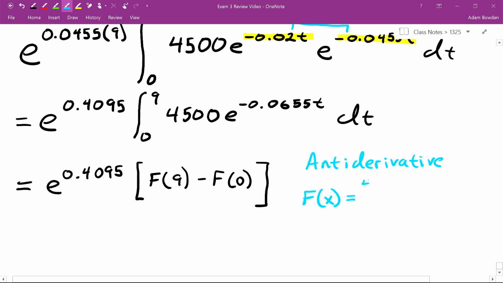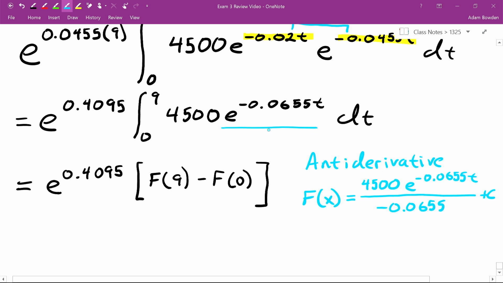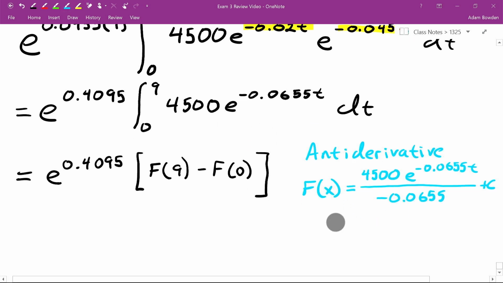We still have 4500 e raised to the negative 0.0655 t divided by negative 0.0655. So when you try to take the antiderivative of this e stuff, go ahead and keep that stuff, but divide by the exponent down below.